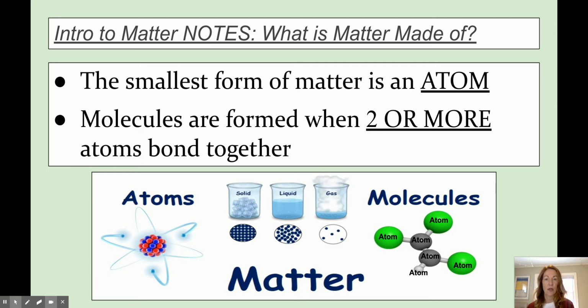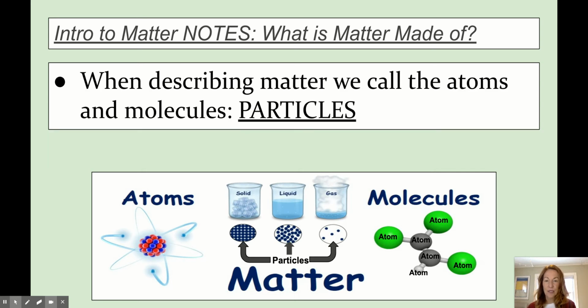Okay. So the other part you put in your guided notes is when two or more. Molecules are formed when two or more atoms are bound together. When we describe this, we're just going to call them particles. We're not going to distinguish between atoms and molecules.